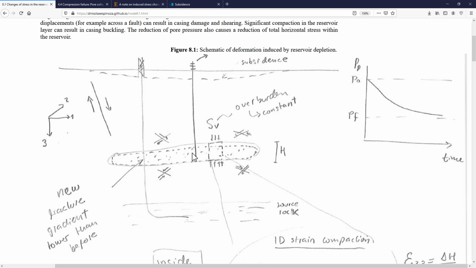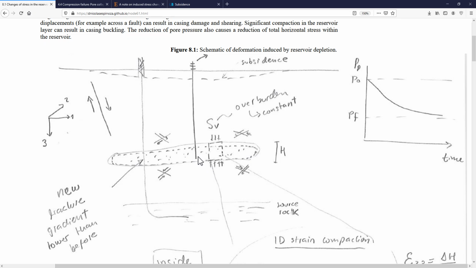This can happen in a conventional reservoir, for example a sandstone, or in an unconventional formation like this source rock over here. Both of them are reservoirs in which, if you decrease the pore pressure, the effective and total stresses are going to change with time as a function of that change of pore pressure.